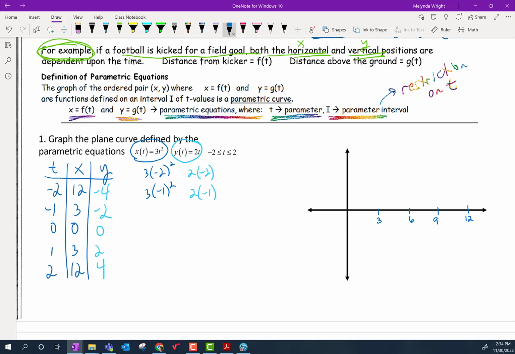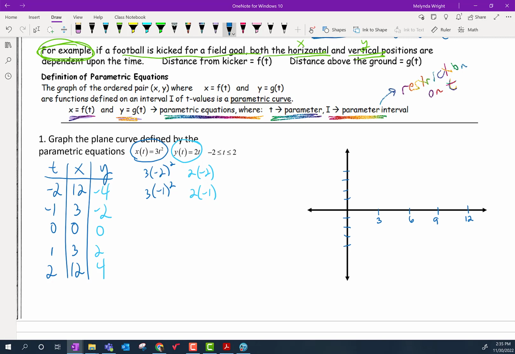So I have a 3. I think that would do, because my x values that I need to plot are 0, 3, and 12. So I think that's okay. The y values I need to plot, looks like from 4 to -4. So I'm just going to count those up 4 and down 4, just to get a feel for the graph before I start graphing it.